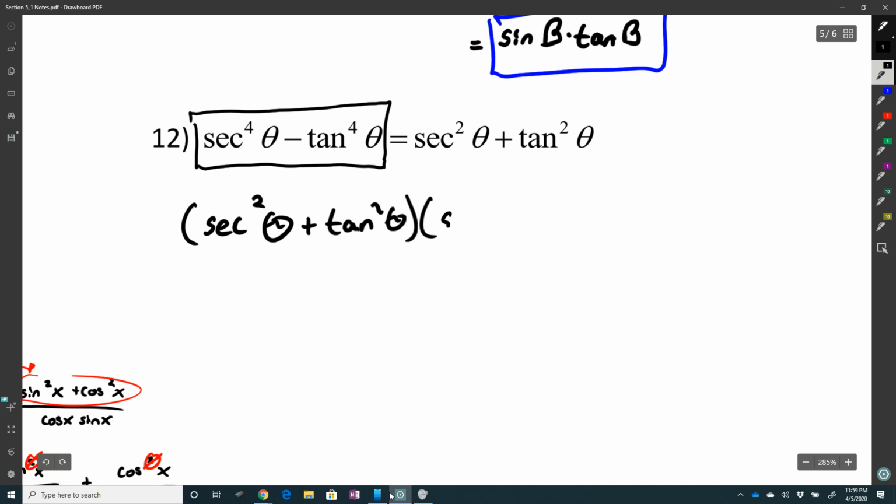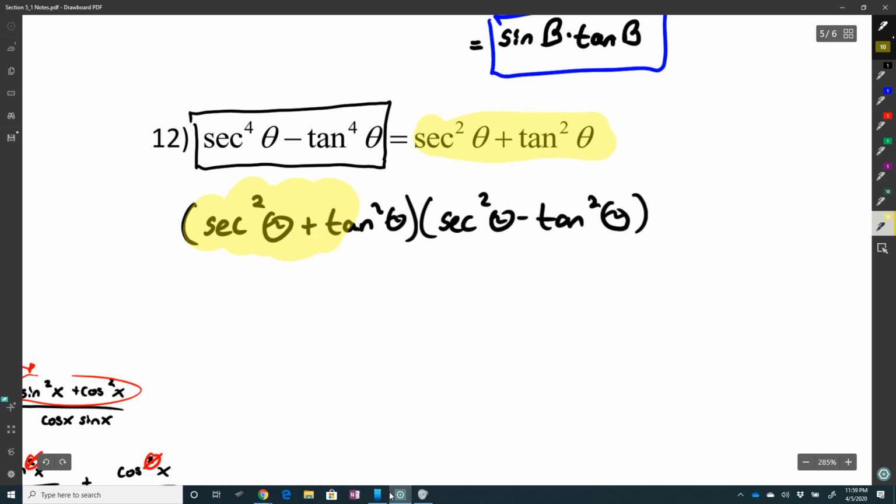And then here I have secant squared theta minus tangent squared theta. And so here we have something unique happening. Notice that the answer I want is right here, and I already have it right here. So that means that I'm going to leave this alone.